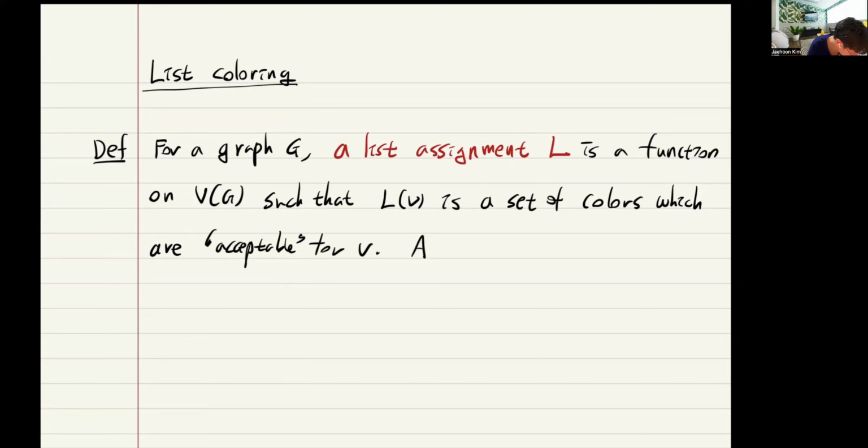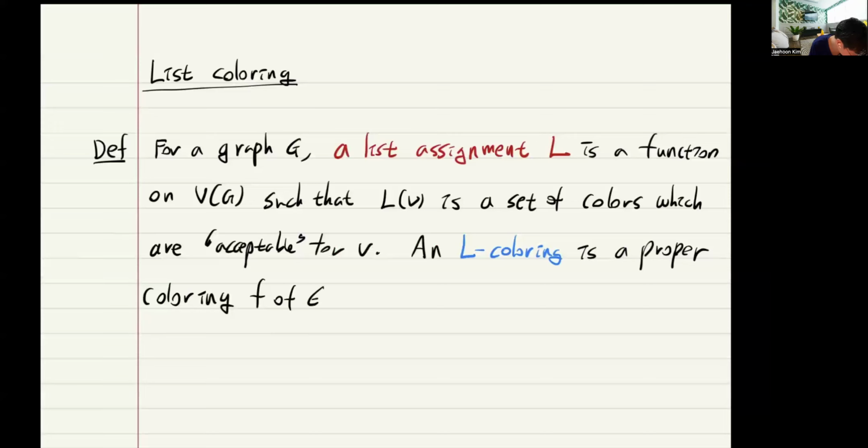And we say an L-coloring, what is an L-coloring? It has to be a proper coloring, so all the adjacent vertices should get different colors, f(v) such that its value is chosen from the list available at the vertex.